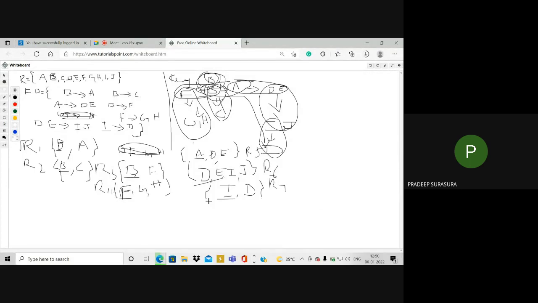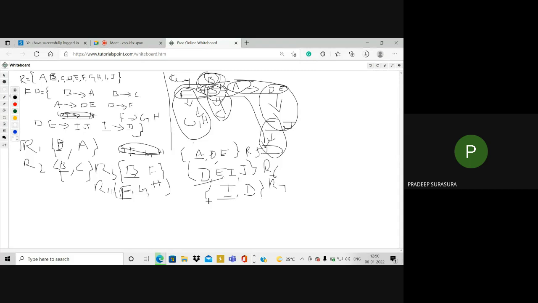So R is given as A, B, C, D, E, F, G, H, I, J. The FDs are: B determines A, B determines C, A determines DE, B determines F, F determines GH, DE determines IJ, I determines D. This is the FD set given.